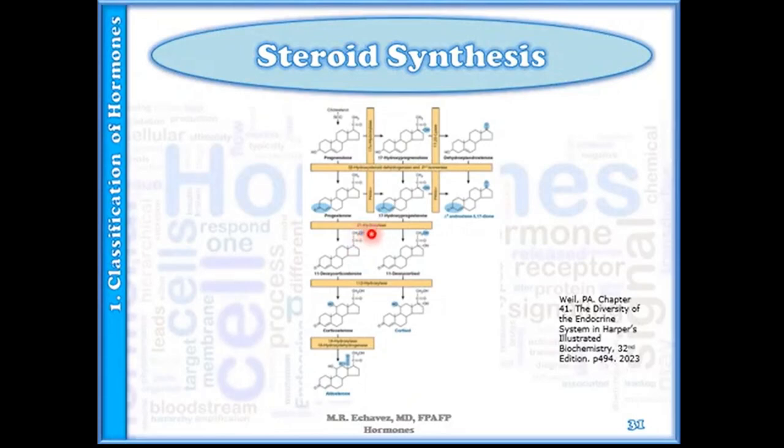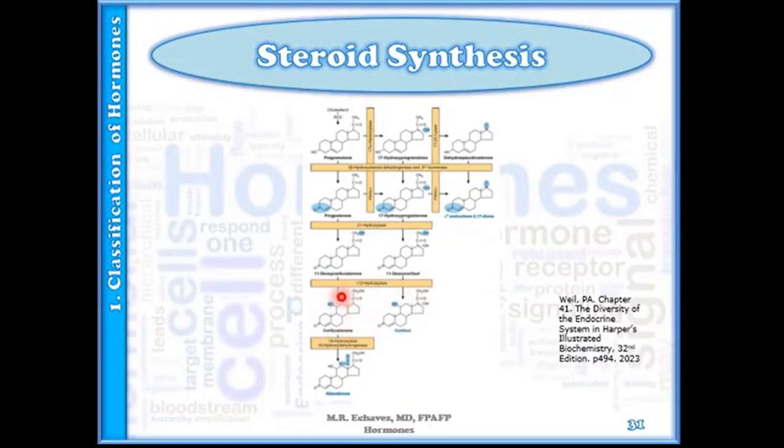From here, if you have another hydroxylation reaction, you end up with the glucocorticoids, but only one hydroxyl group. Another hydroxylation reaction using 11-beta hydroxylase means this now becomes your corticosterone and this your cortisol.